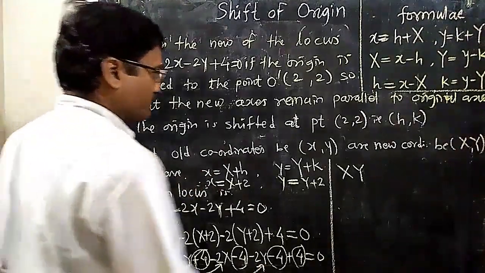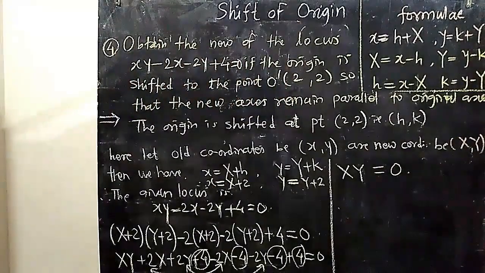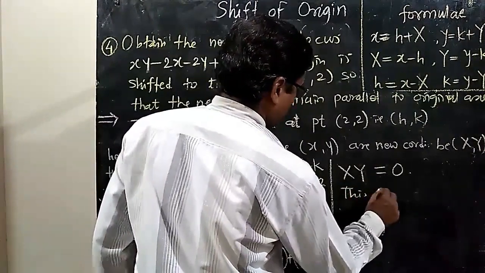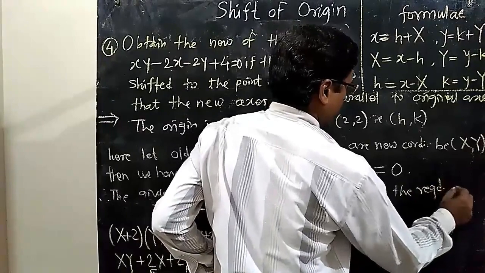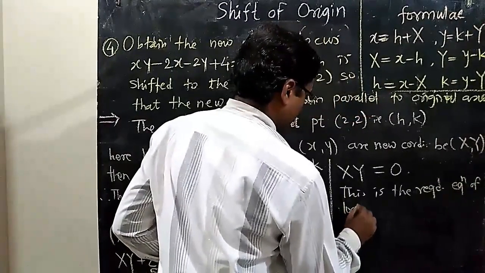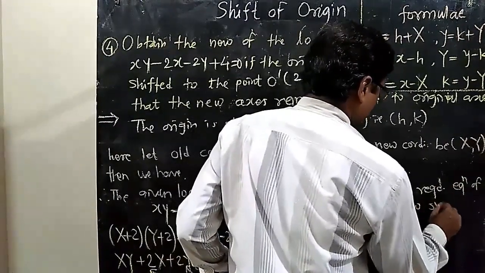So remains only xy = 0. So this is the new equation of locus, or this is the required equation of locus in new system.